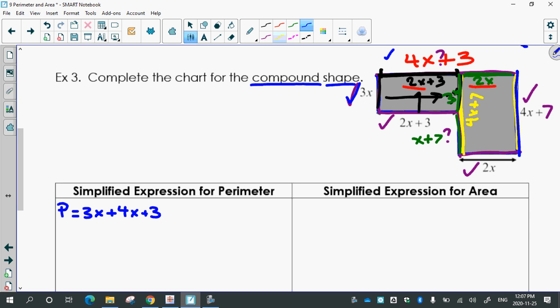Then the big side down here, 4x plus 7. Little side at the bottom, 2x. Side we figured out, x plus 7. And last side there, 2x plus 3. Going over onto the area.